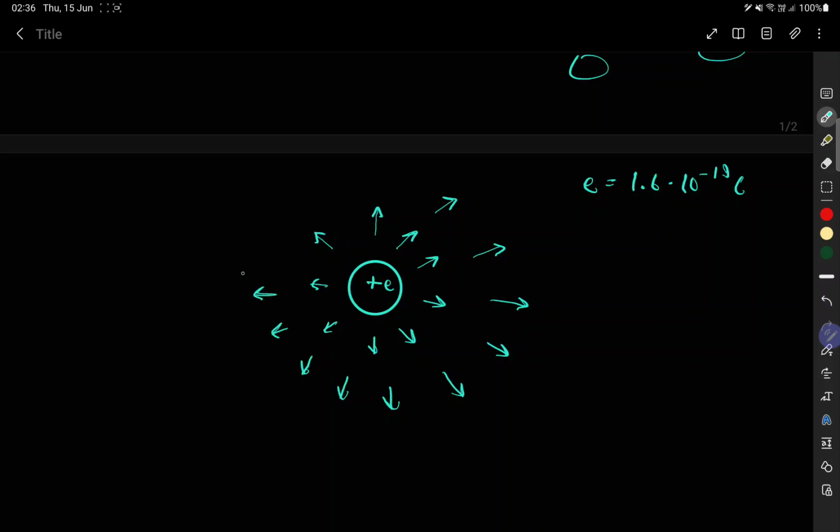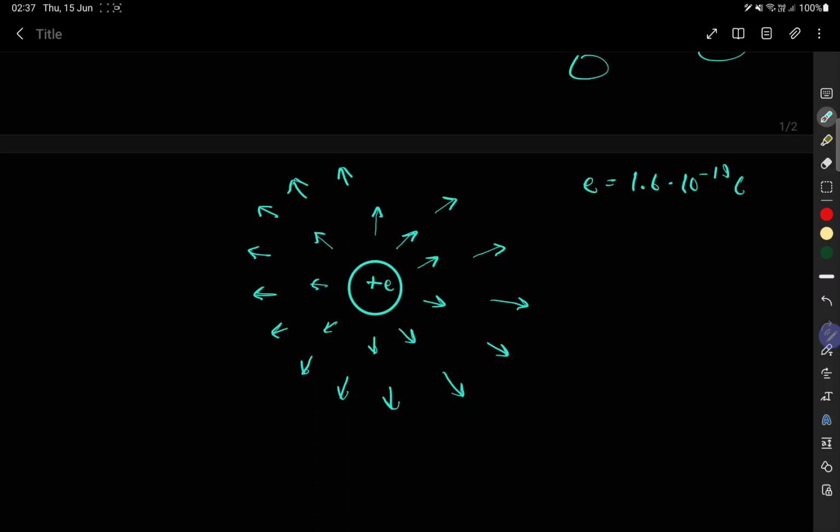And intuitively that should make sense, because unit charge means 1 Coulomb, and this is a proton, so it's positively charged. So if I placed a unit charge over here that is also positively charged, intuitively it should repel, right? It should go away from this, because like charges repel each other.